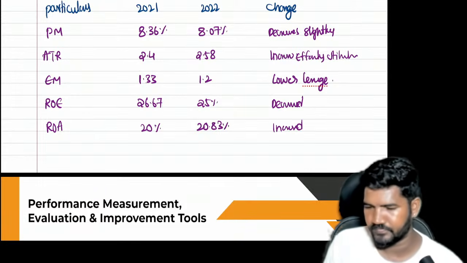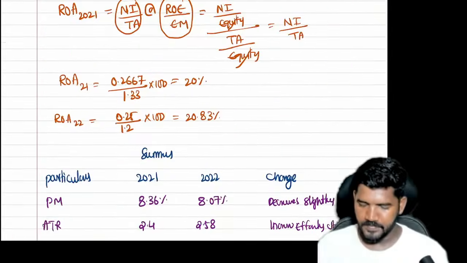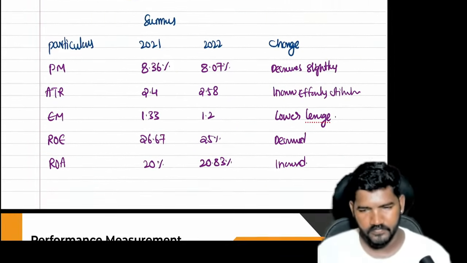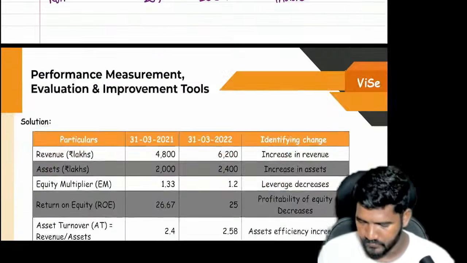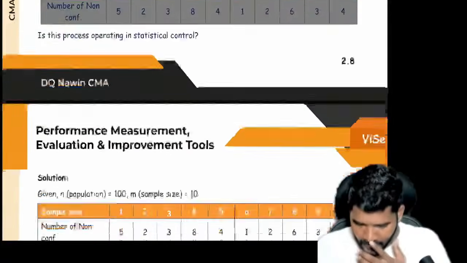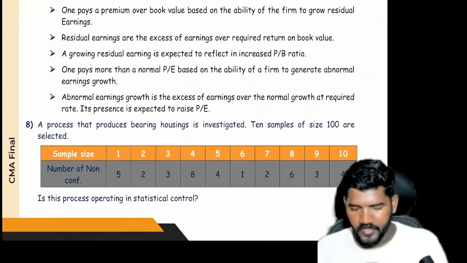Increased. So for this problem, you have to show this summary, guys. Clear? So this is the problematic portion we have, guys. Remaining problems are not important from the exam point of view.